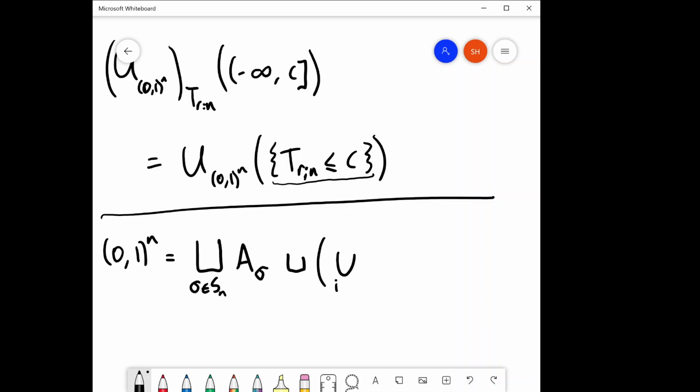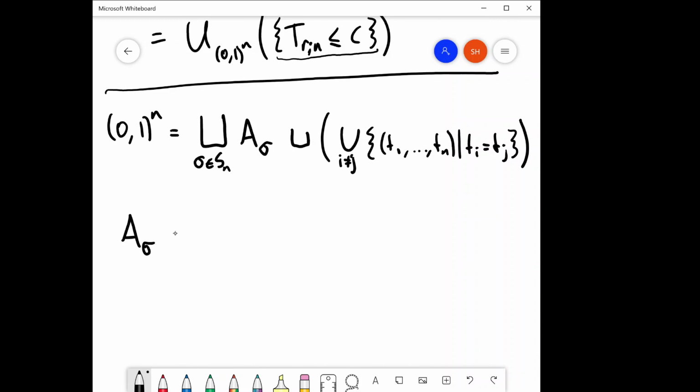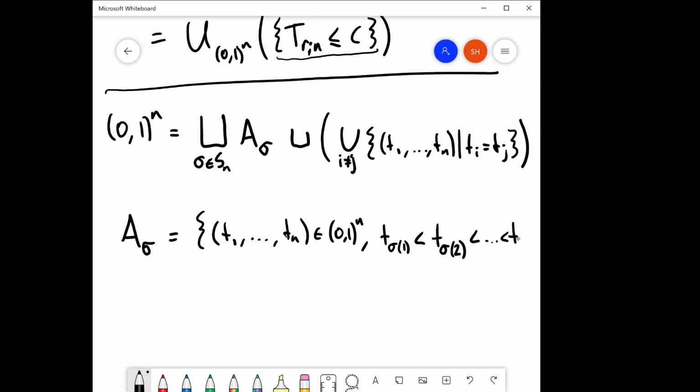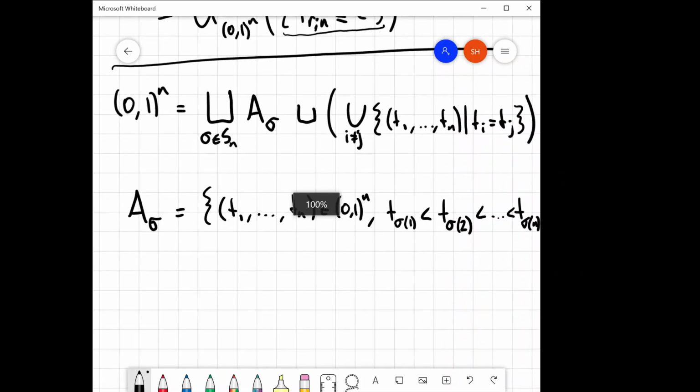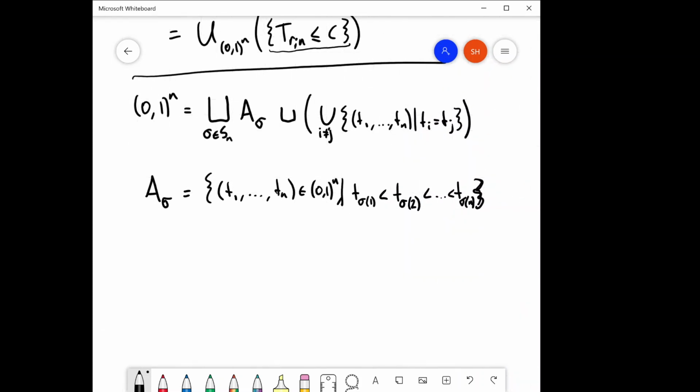This is, okay, so where these A sigma are the set of points of this form, okay, so just explaining this notation here.